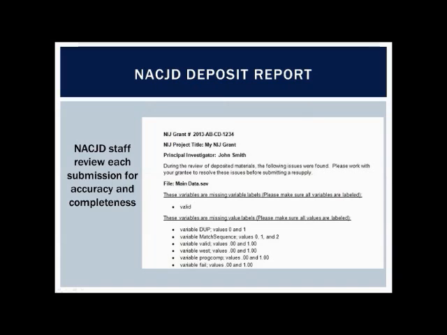Once a submission is received, NACJD staff begin the process of inventorying the items and compiling a summary to send to the NIJ grant manager. If any issues or inconsistencies are found, we will generate a list like this one and communicate them to you through your grant manager, working toward getting any issues rectified.